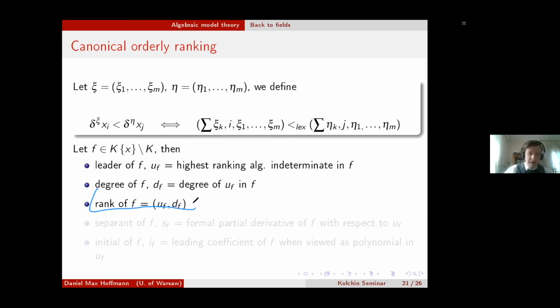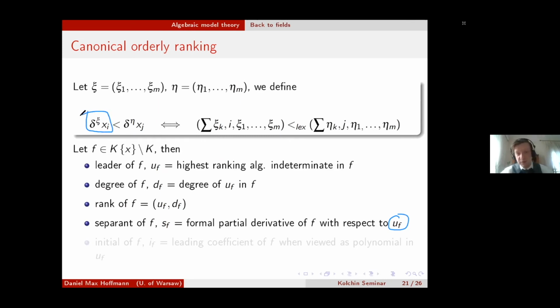And then I have the separand of F. So that's the formal partial derivative of F with respect to UF. So in my F, there is this leader, right? And it's a guy of this shape, some algebraic indeterminate. And then I will just do the standard partial derivative with respect to this UF.